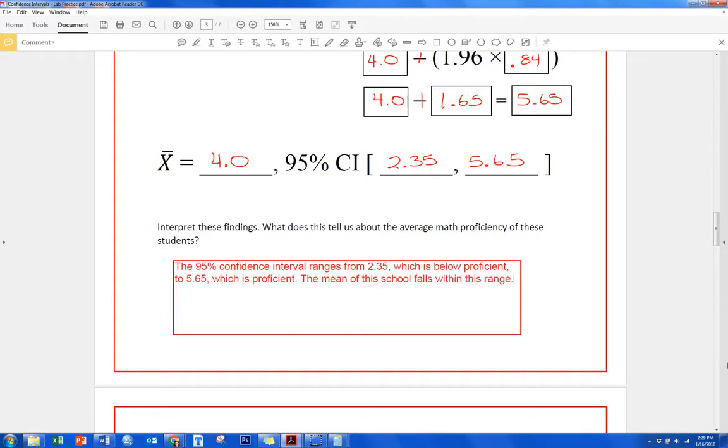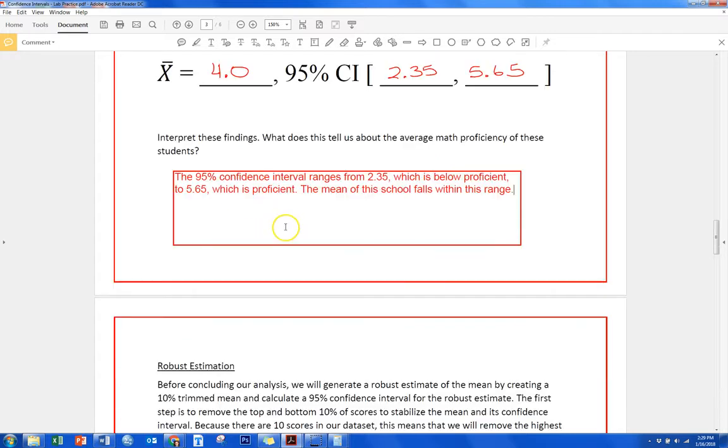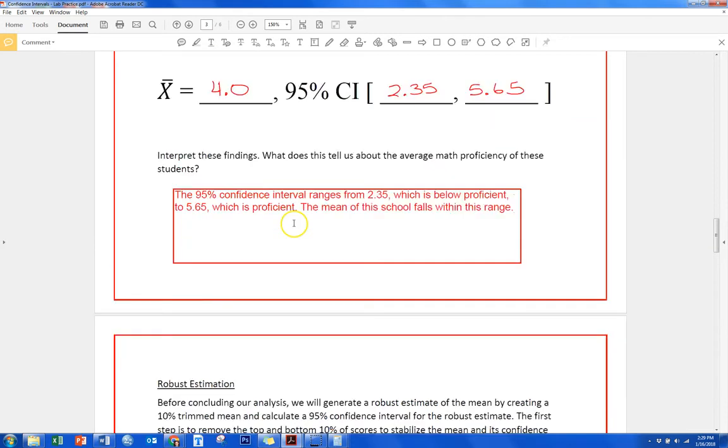Okay, so they're somewhere between below proficient and proficient, and so now we have a little bit less information, right? If we want to be more confident, 95% confident, now we're like, well, maybe they're in the below proficient, maybe they're in the proficient, whereas before, when we just looked at the mean by itself, it showed them being in the below proficient range. So let's see what happens when we use robust estimations.